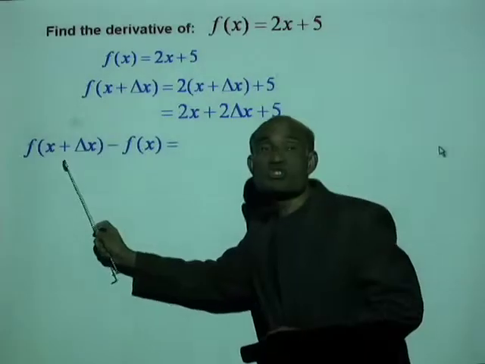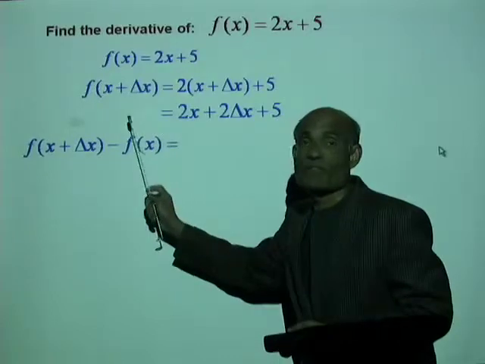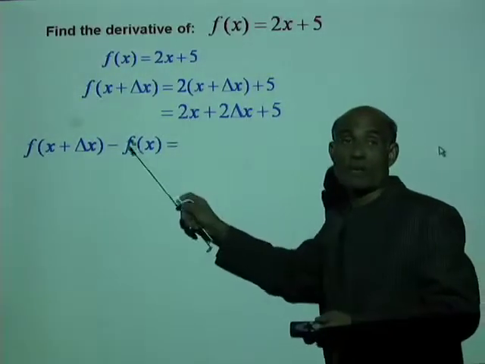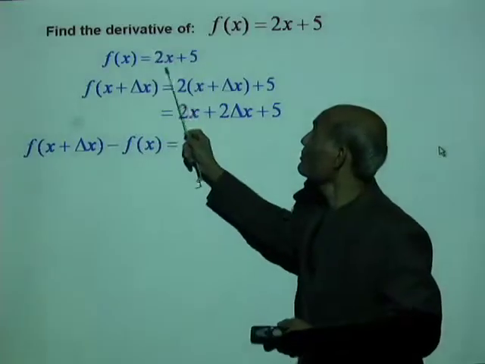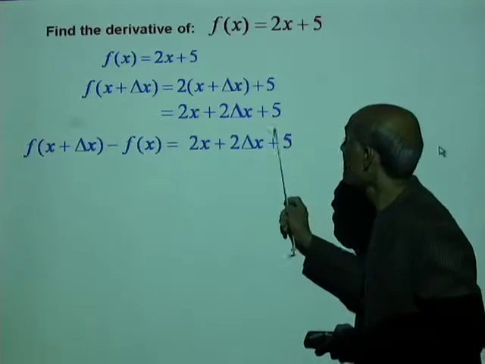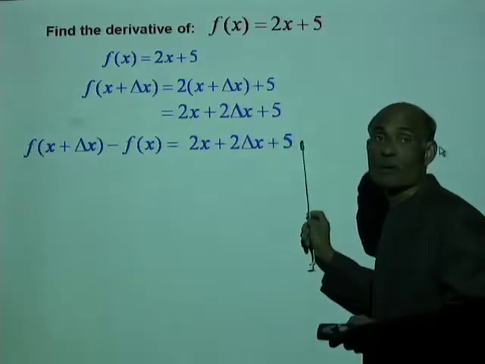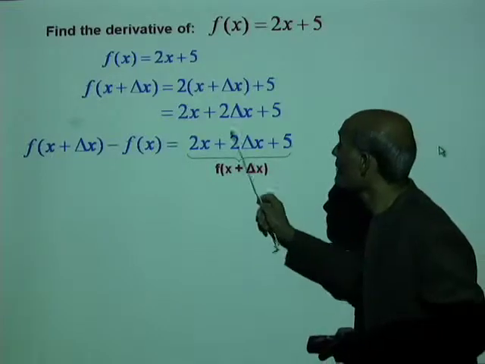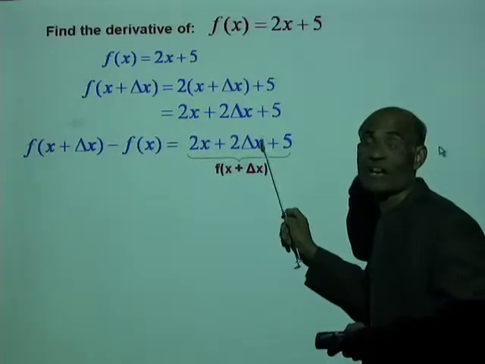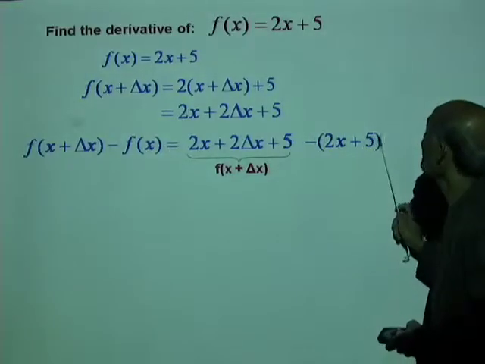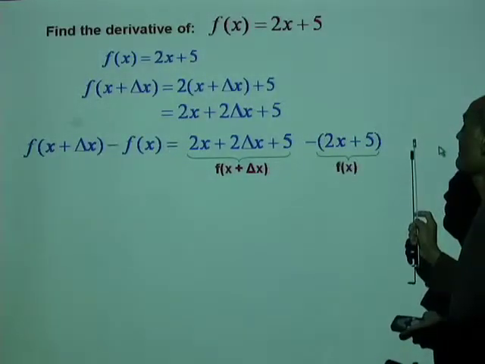Now, what is the change in the function value? That is f of x plus delta x, which is this quantity, minus f of x, which is this quantity. So that will be f of x plus delta x is this, minus your f of x, which is 2x plus 5.